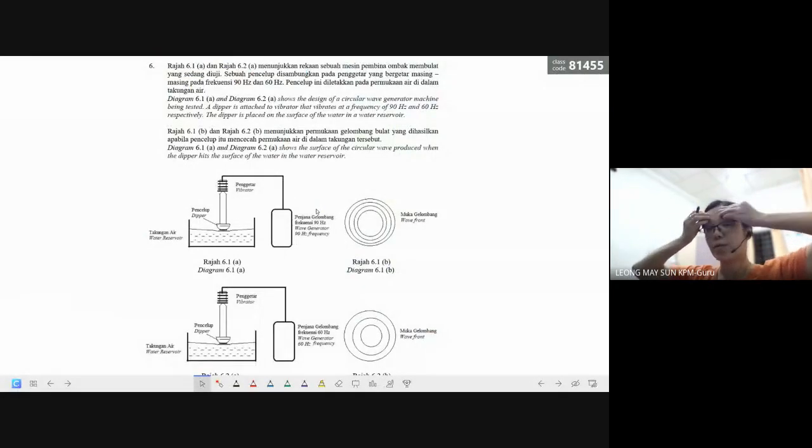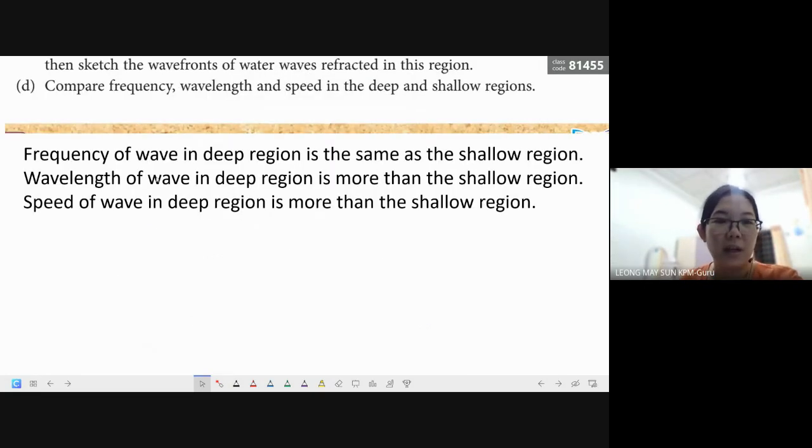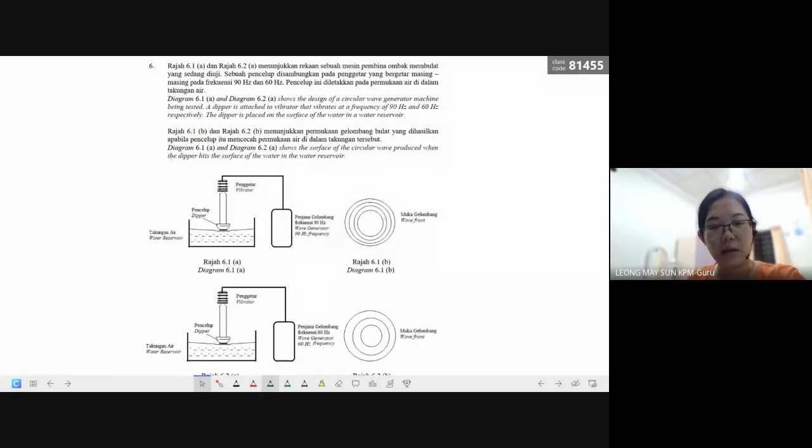For information, those of you who are using handphones or tablets can pinch out and zoom in already. So here, diagram 6.1a and 6.2a show a design of a circular wave generator machine being tested. A dipper is attached to the vibrator to vibrate at a frequency of 90 Hz and 60 Hz.